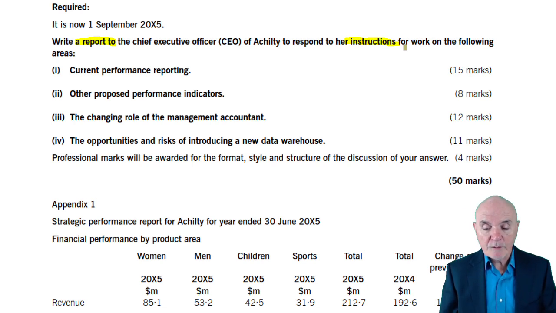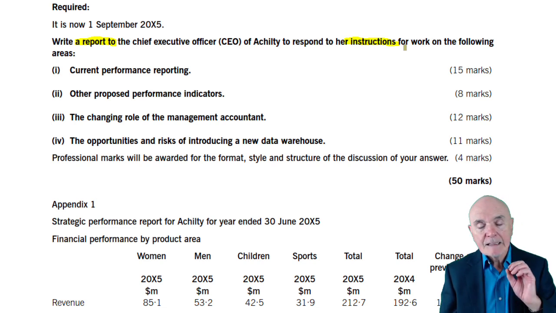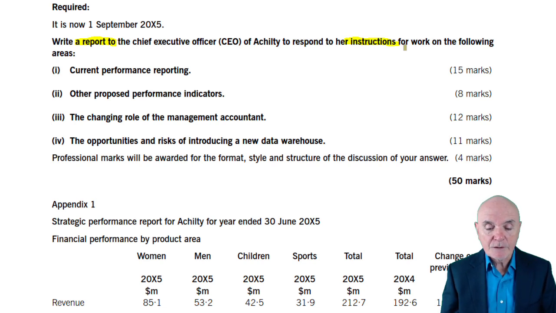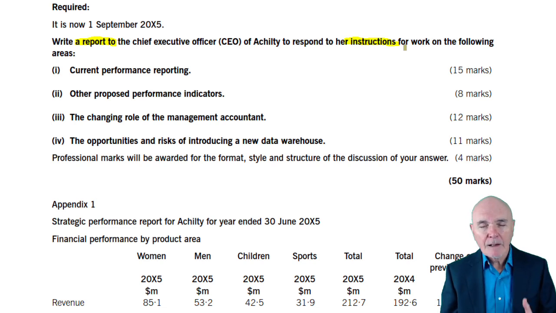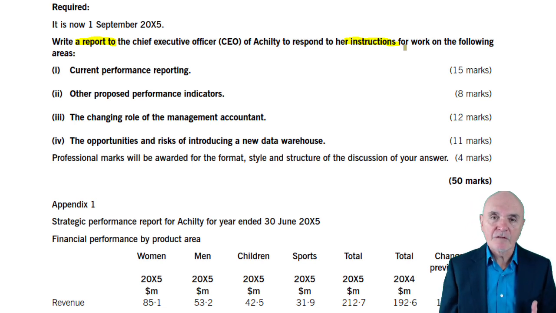And we are required to write this report on current performance reporting. Note, for goodness sake, this is not saying write a report on current performance. This is a recurring problem that the examiner finds.